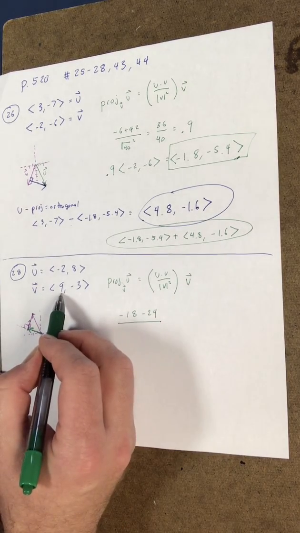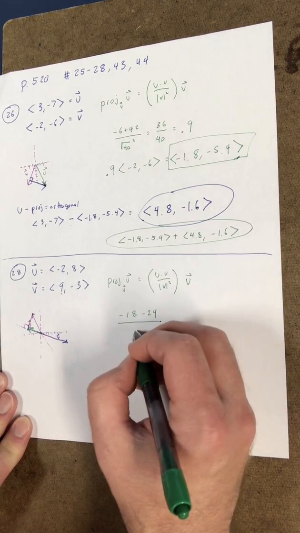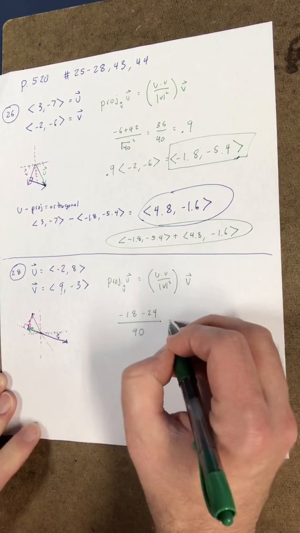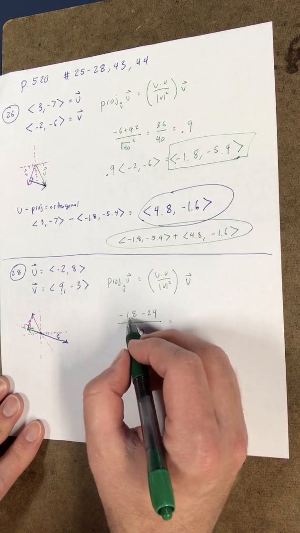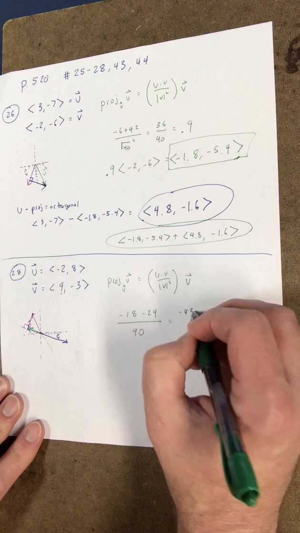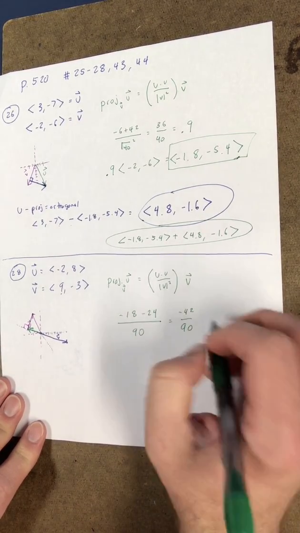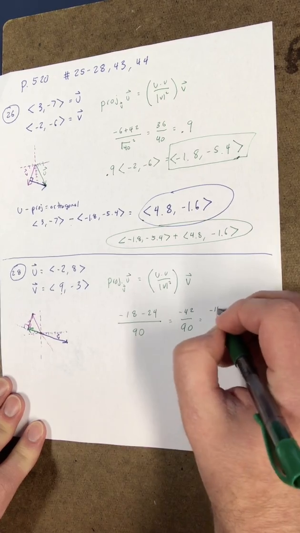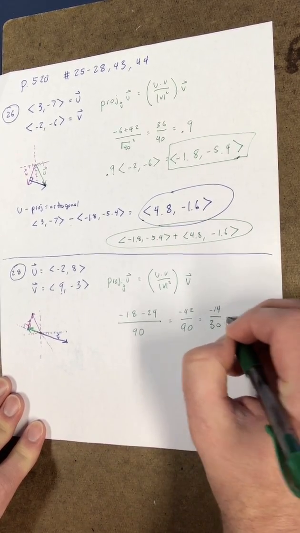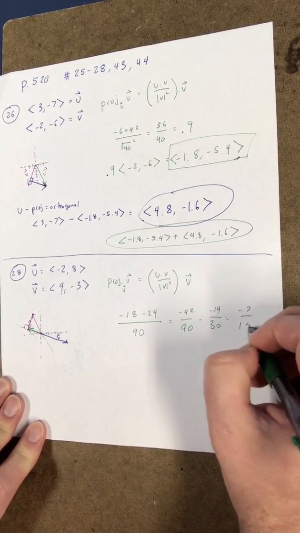Magnitude of v squared is going to be 81 plus 9, so that's 90. And negative 30, it's going to be negative 42 over 90. I believe that does reduce a little bit at least. Negative 14 over 30, negative 7/15.